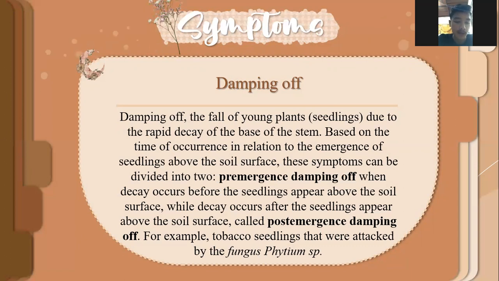Pre-emergence damping off is when decay occurs before the seedlings appear above the soil surface, while decay that occurs after the seedlings appear above the soil surface is called post-emergence damping off. For example, tobacco seedlings that were attacked by the fungus Pythium sp.